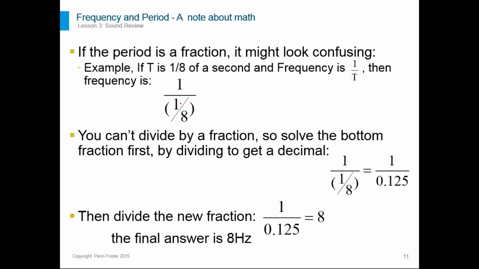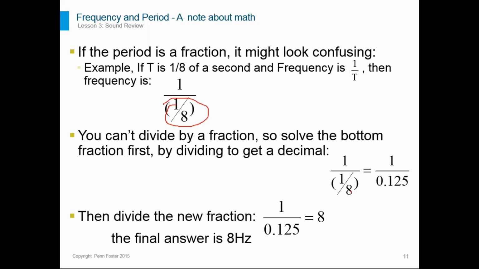So the easiest thing to do is remember that a fraction is really just showing that you can divide. That's one way to look at it, at least. So if you have something over something, you can divide them. You can't divide the fraction by the fraction, but we can get rid of this one first. So we could take this 1 divided by 8. We do that in this step.